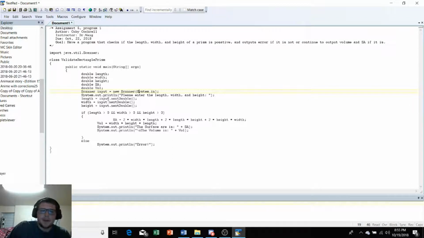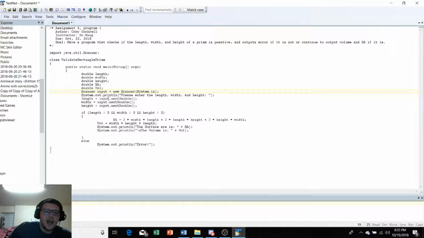Then of course, length is equal to input.nextDouble, width is equal to input.nextDouble, height is equal to input.nextDouble. What I want to emphasize here, see this? These are in Scanner, and they want to be called using the input.